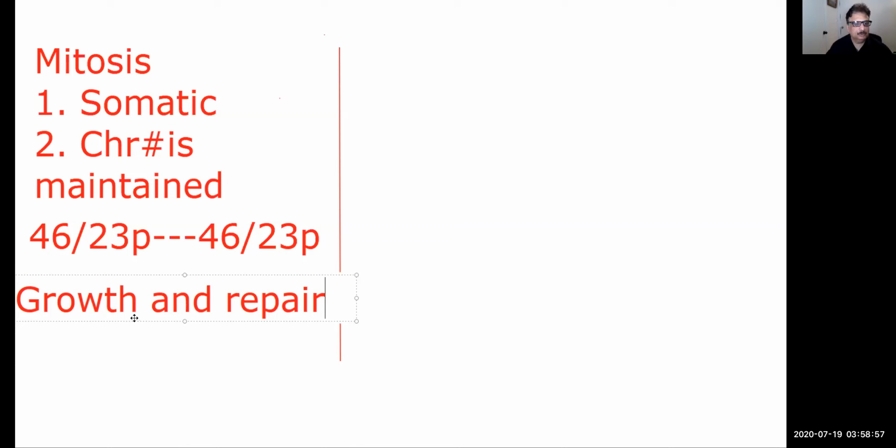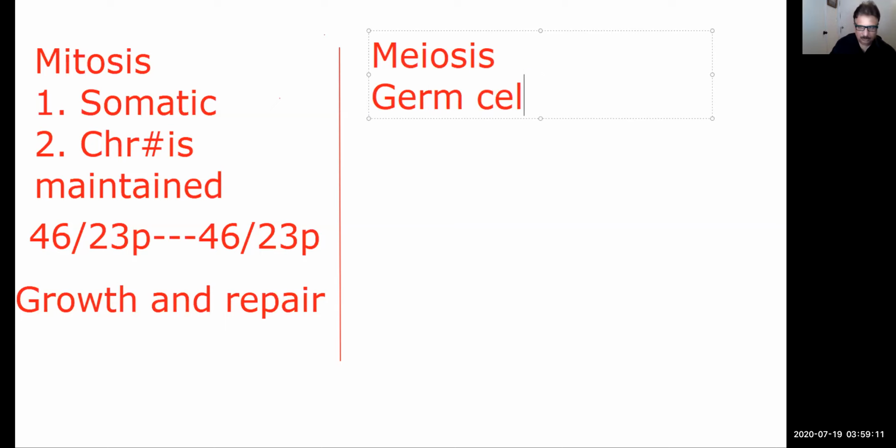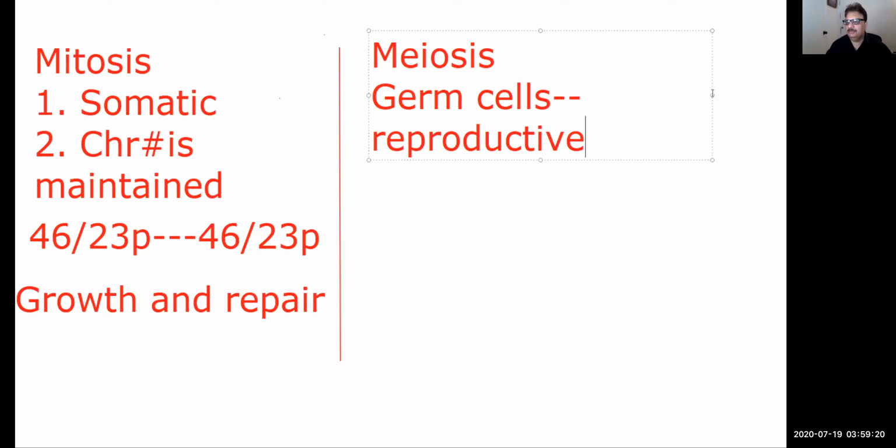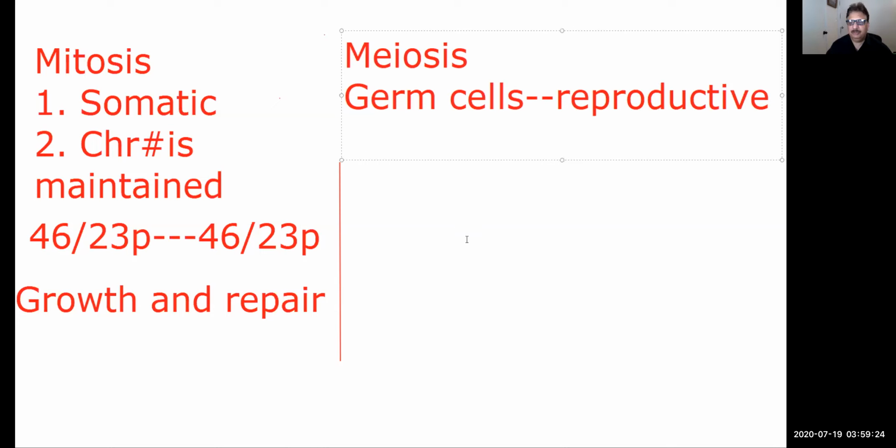Now if we compare mitosis with meiosis, meiosis occurs in germ cells. And where are germ cells present? They are present in reproductive organs, testes and ovaries in male and female, right? And what happens to the chromosome number?